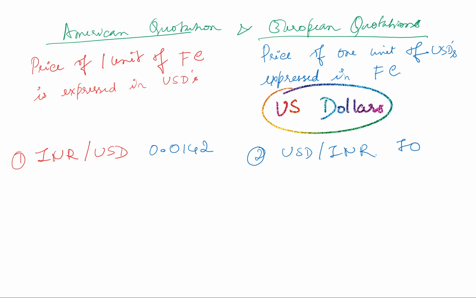In the first quotation here, INR is a foreign currency, USD is the basis based on which we are going to identify American or European quotation. INR is a foreign currency for US dollars, for USA, and it is in the base position, and the value of INR is expressed in USDs. Therefore, the first quote, INR USD, becomes an American quote.